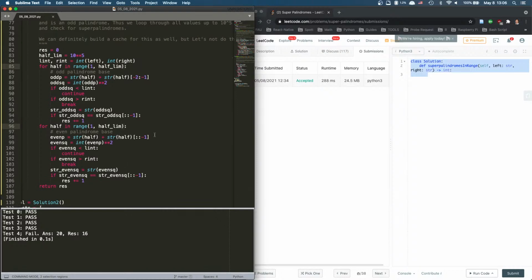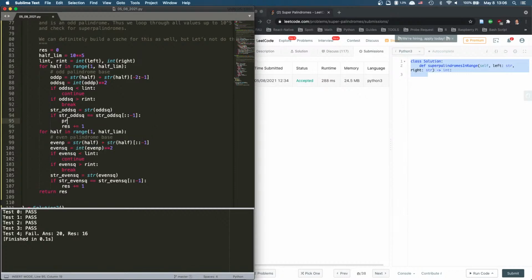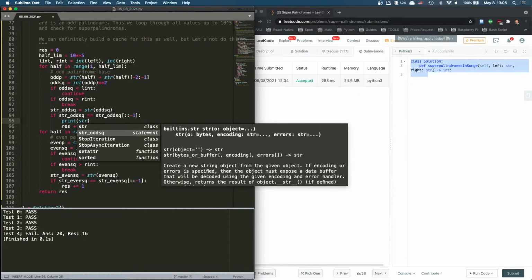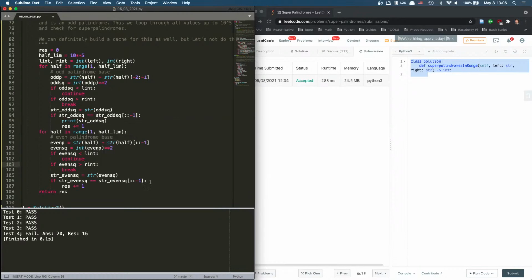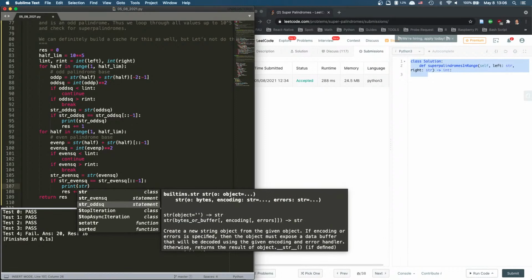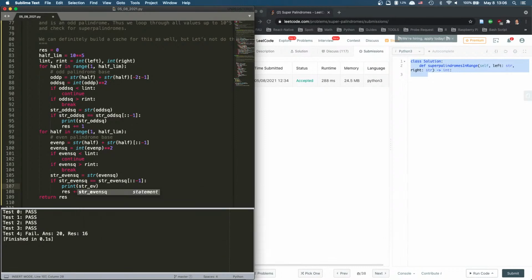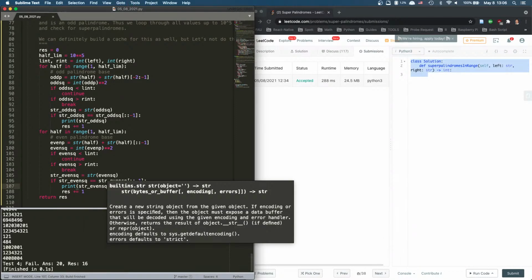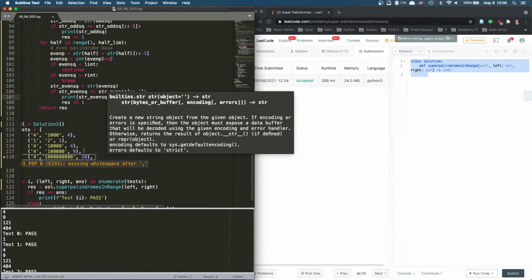Let's print it out. Yeah, let's print it out, because there's not that many. We can check, see which one we miss. No, we just want the last one.